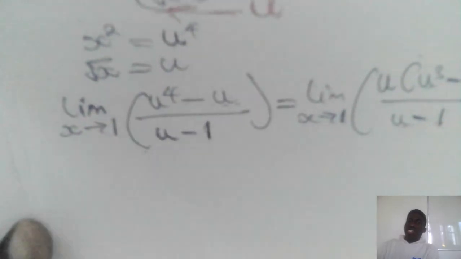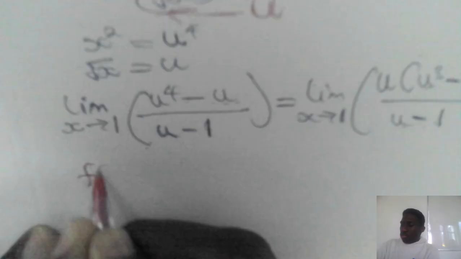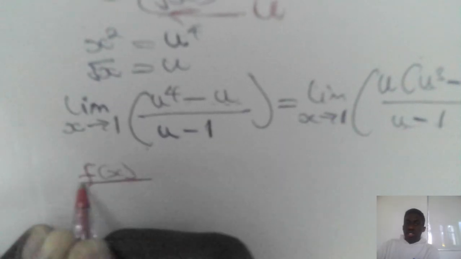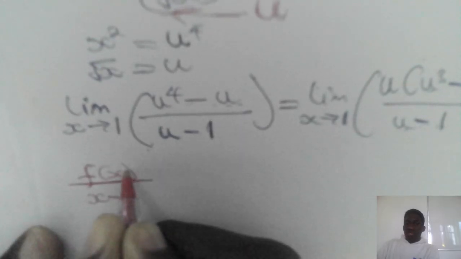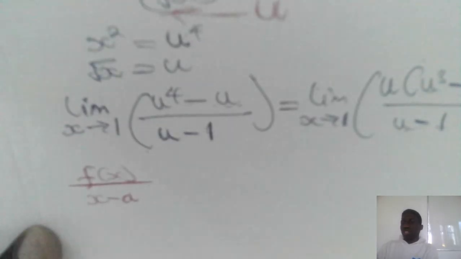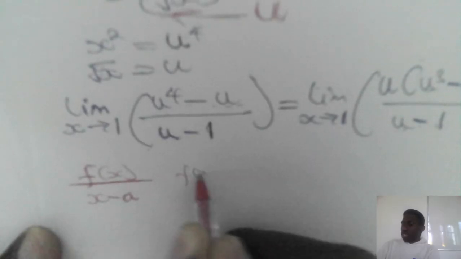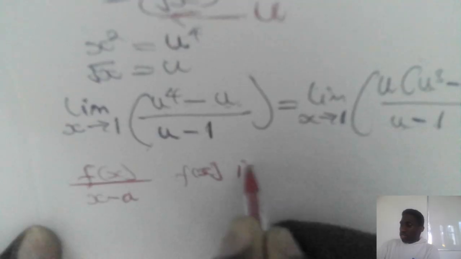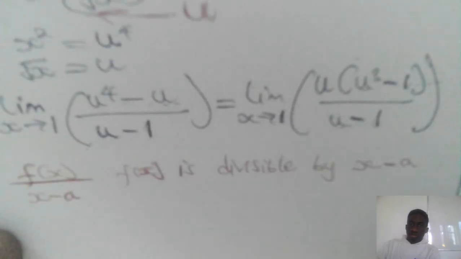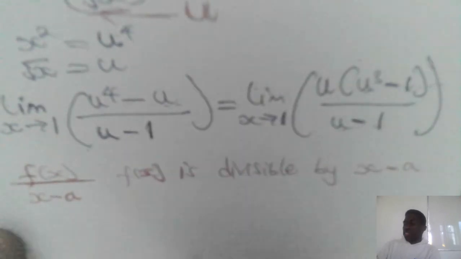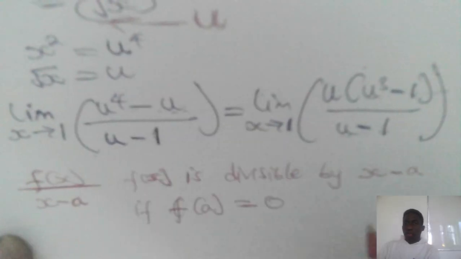Generally speaking, a function f of x can be divided by another function of the form x minus a without a remainder, that means you have a remainder of 0, if f of a is equal to 0.